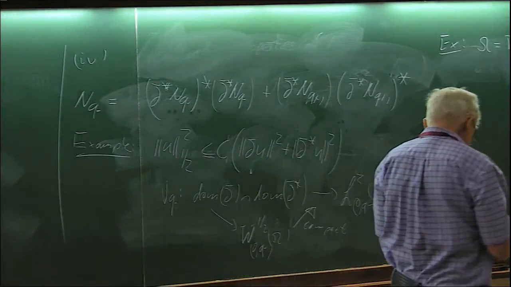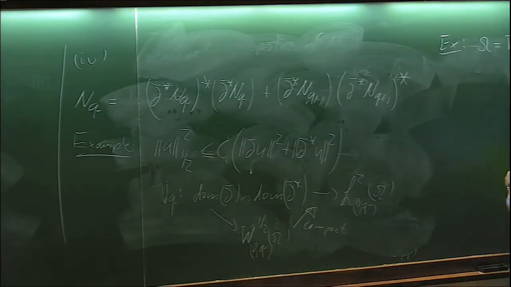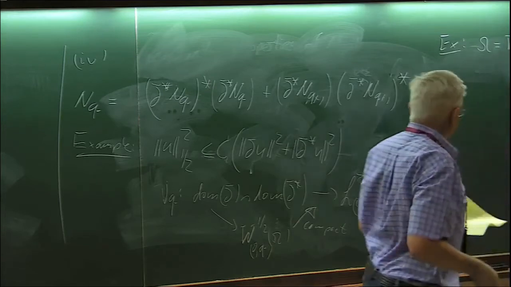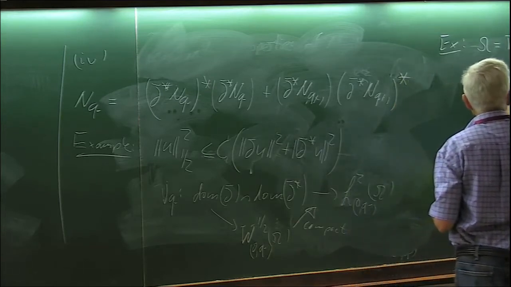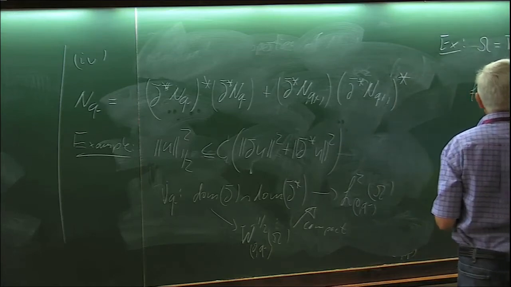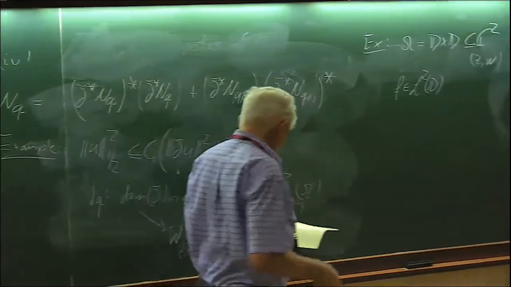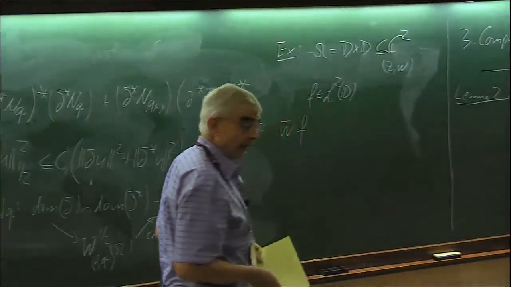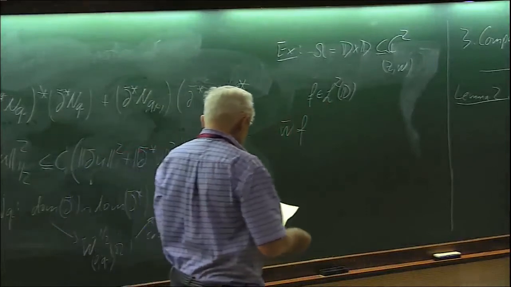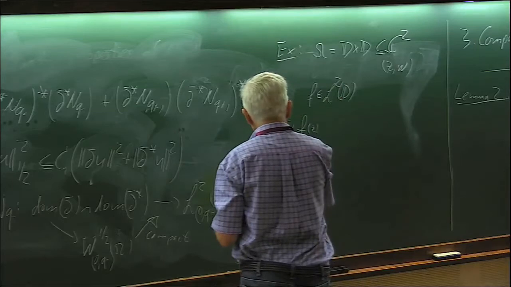Consider the following. Let's take coordinates here, z and w. Take f, a holomorphic function on the disk, and square integrable, so in the Bergman space. Consider the function w bar times f of z, and compute its d bar.